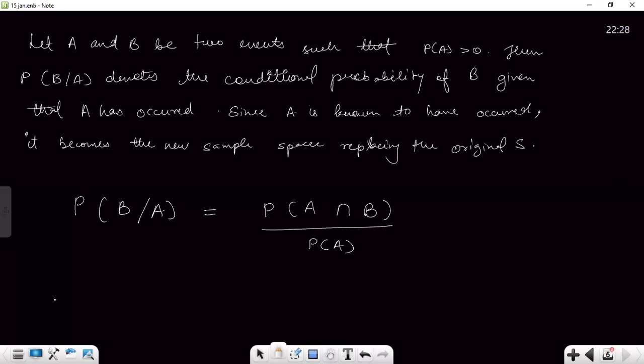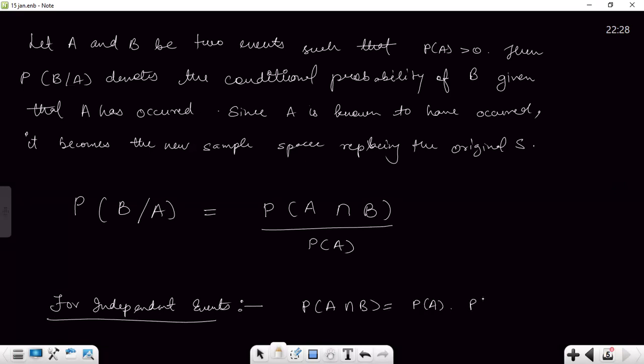So for independent events, the probability of both of the events occurring was simply the multiplication of their probabilities, because their occurrence was not interfering with the other event.